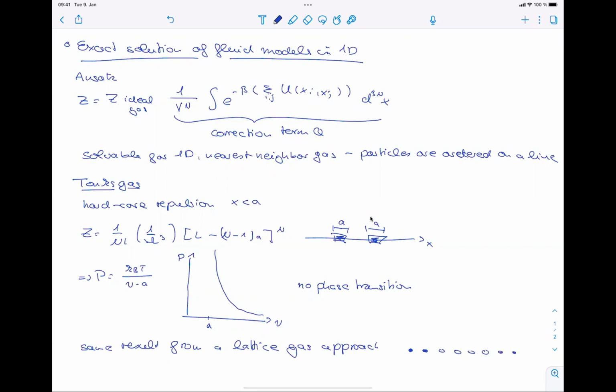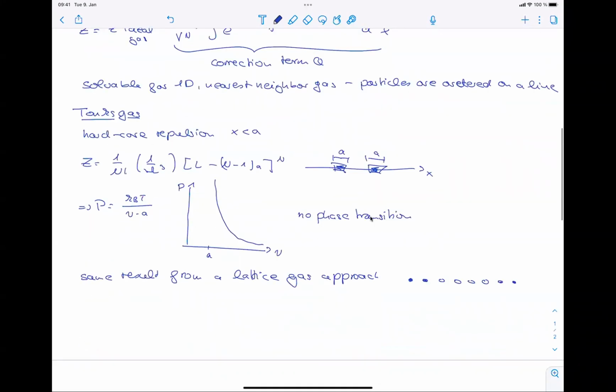There, also taking the continuum limit, we arrive at the same gas law. Then we started into developing a new set of methods by digging into series expansions, which we're going to build on today.